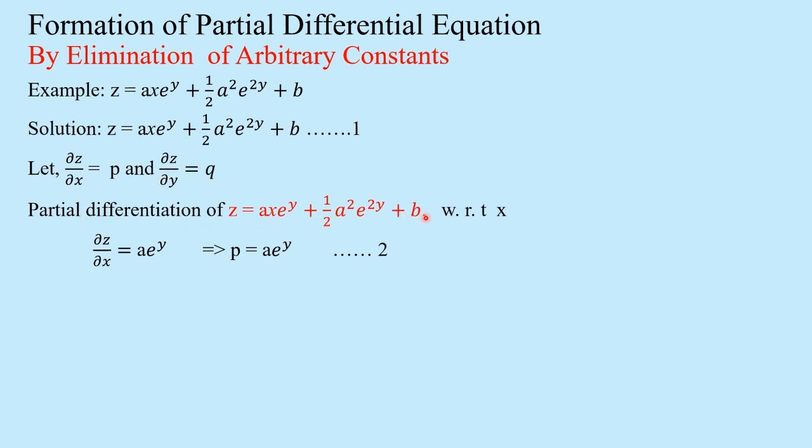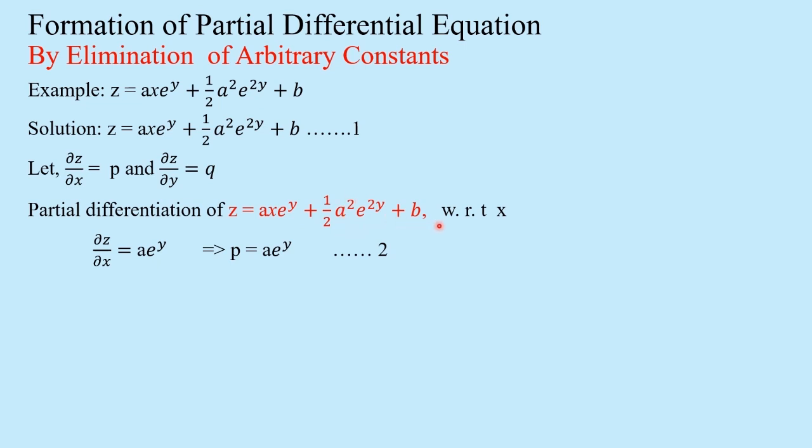Partial differentiation of this with respect to x, z becomes dou z by dou x. Here, in this term, a and e to the power y are constant, and differentiation of x is 1. So using the constant multiplication rule, when we differentiate this, we get a e to the power y. Here this is constant, this is constant.